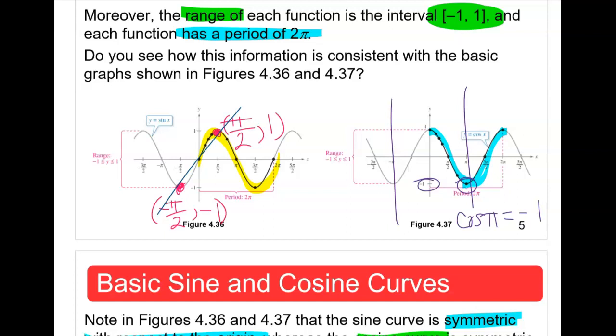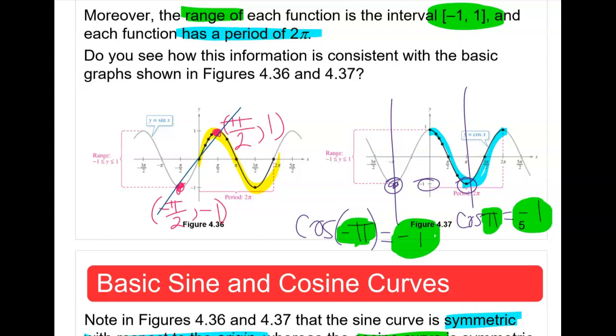And if we look here on the left side of the y-axis, cosine of negative pi is going to have the value of negative 1 as well. So this is a case where the output is the same whether the angle is positive or negative. It's the same angle with opposite signs, but the output for cosine is still negative 1 for both.